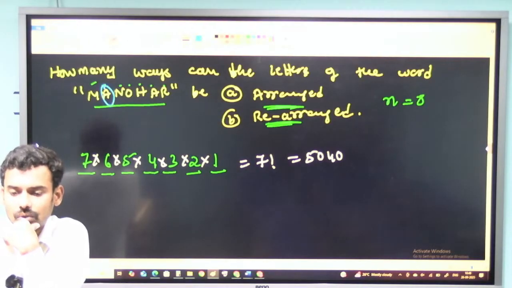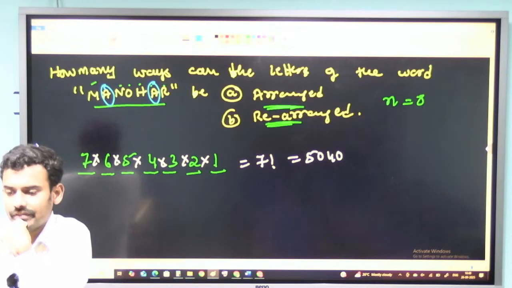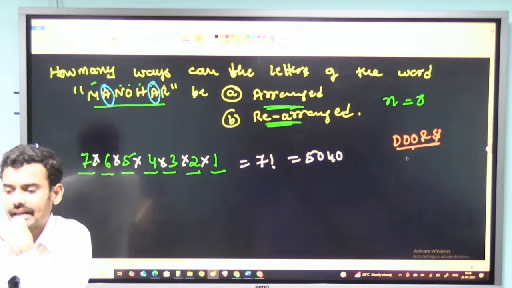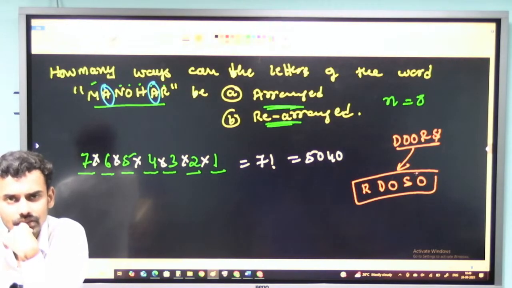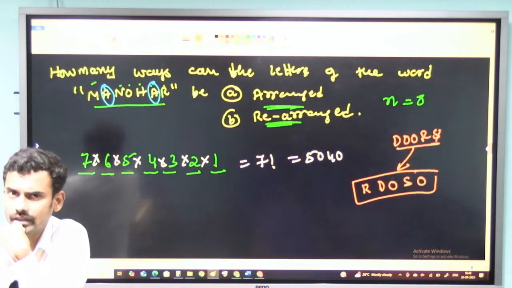A is repeated twice. Let me take one example to understand this. If I consider the word doors, I can arrange this as R, D, O, S, O. No doubt this is one arrangement. Will you agree that this is one of the arrangements of the word doors?